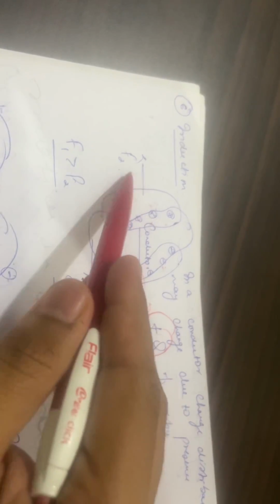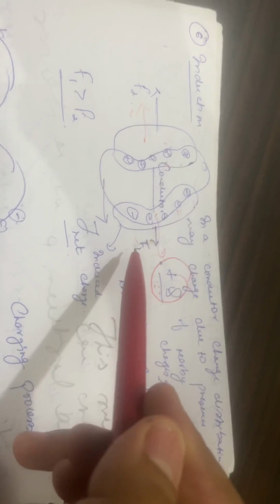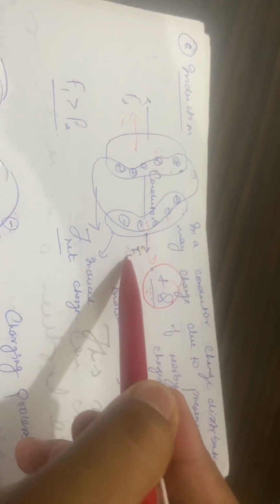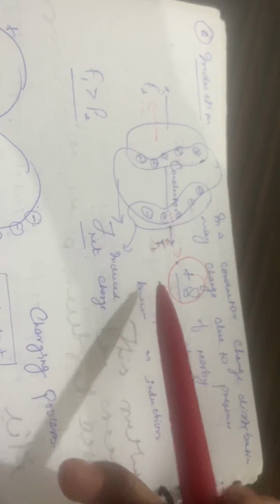There will be a force of attraction and a force of repulsion, but F1 is greater than F2, because the non-contact forces are inversely proportional to the square of the distance between them. Therefore this force is greater than this force, hence this will be attracted here. So now this becomes charged.